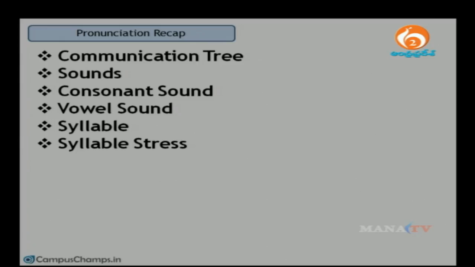Now that's not all. You need to practice a lot, and you need to focus a lot in terms of understanding the pronunciation. So what we learned so far in the last 1 week: we learned the communication tree, we learned about sounds, consonant sounds and vowel sounds, we learned syllable and syllable stress. Clear? Now what you are expected to do is practice, pick words where you find it difficult to pronounce, and wherever you have questions.